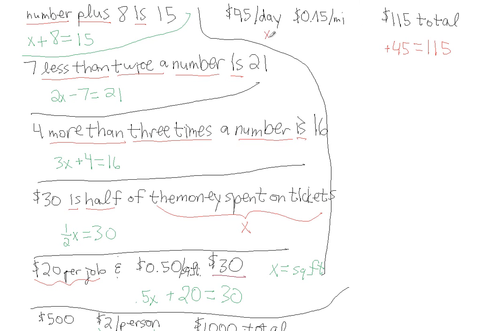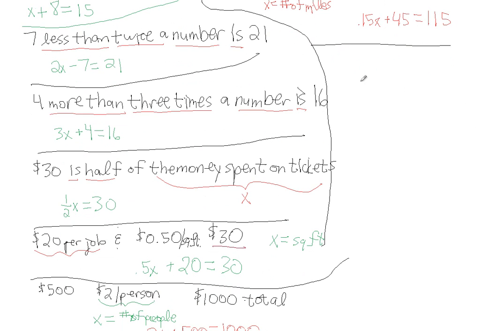Well, if we let X equal the number of miles, we're just defining our variable X, 0.15 times X is going to give us 15 cents per mile. So 0.15X plus 45 equals $115. So we're renting a van for the day. Okay, we're running out of time.